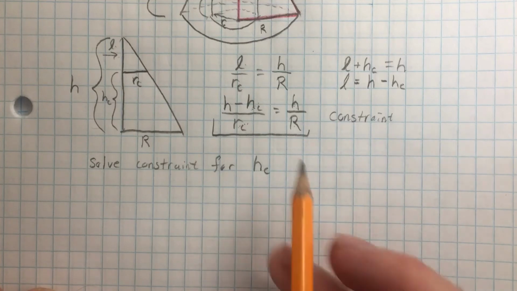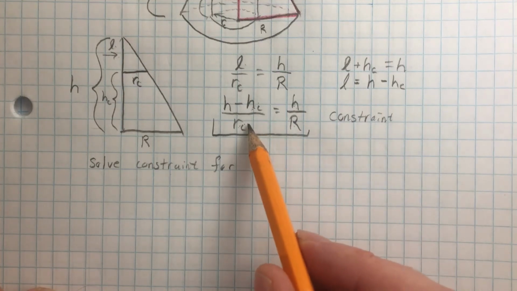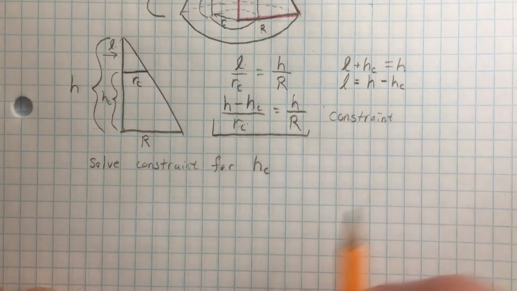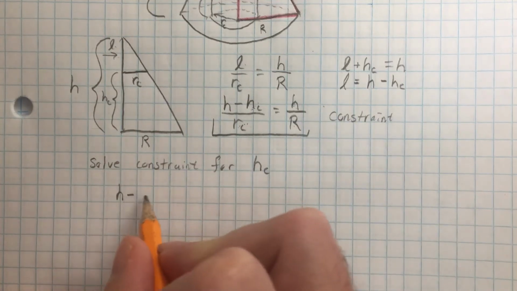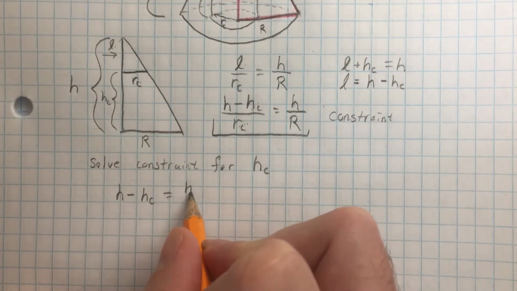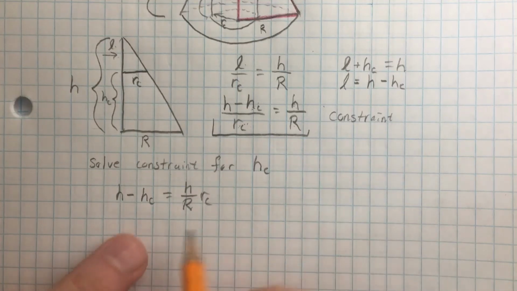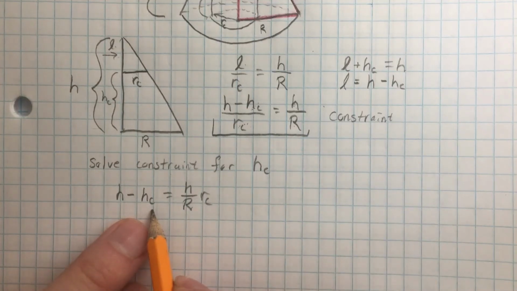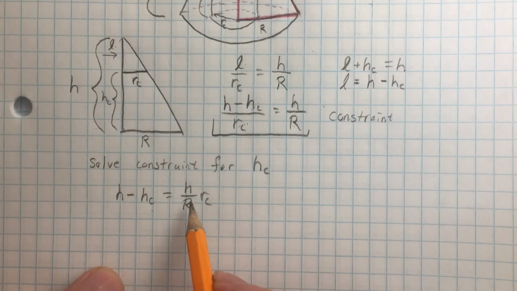So in here, it looks like if I just multiply by rc, that'll be a good start. So I would have h minus hc equals h on r times rc. If I want hc by itself, I just switch hc with this expression on the right, switch the two.